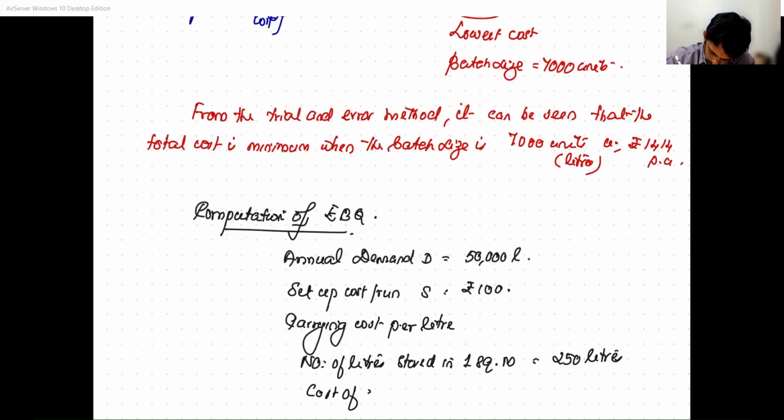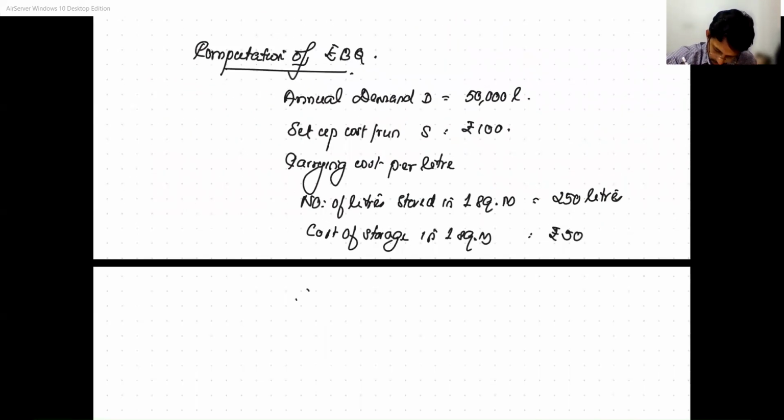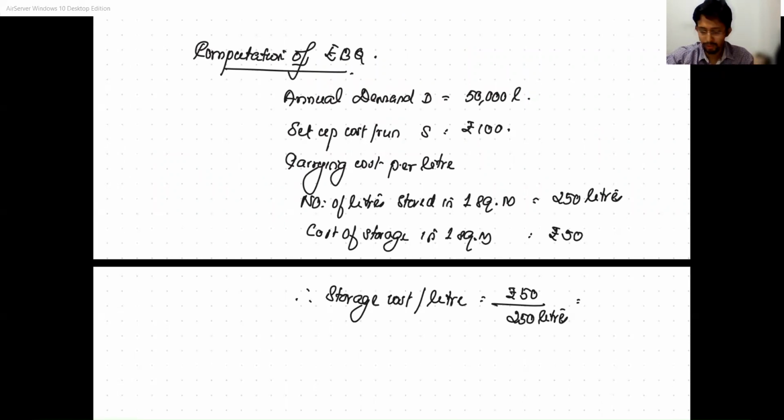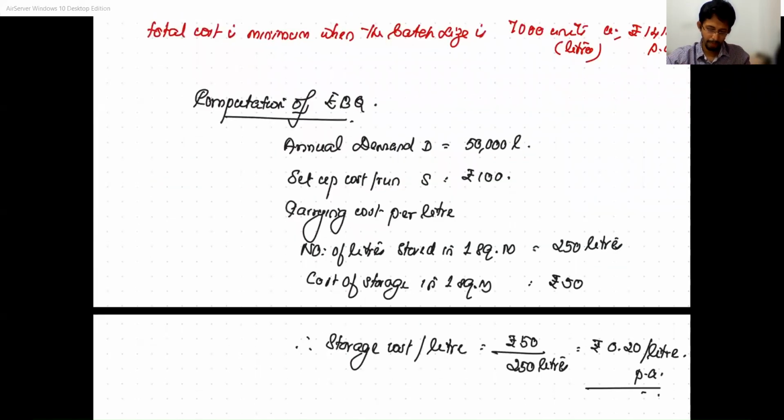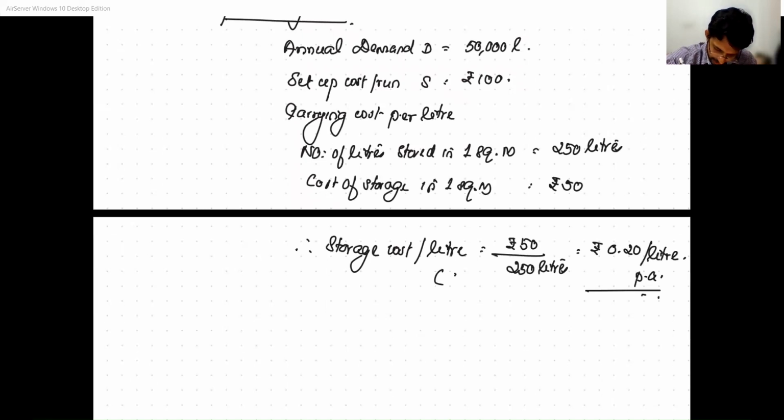Cost of storage in 1 square meter, they say that it is rupees 50. Therefore, storage cost per liter is equal to rupees 50 divided by 250 liters, and that will come to rupees 0.20 per liter, and this is per annum. Okay, so here you got all the, this is C.